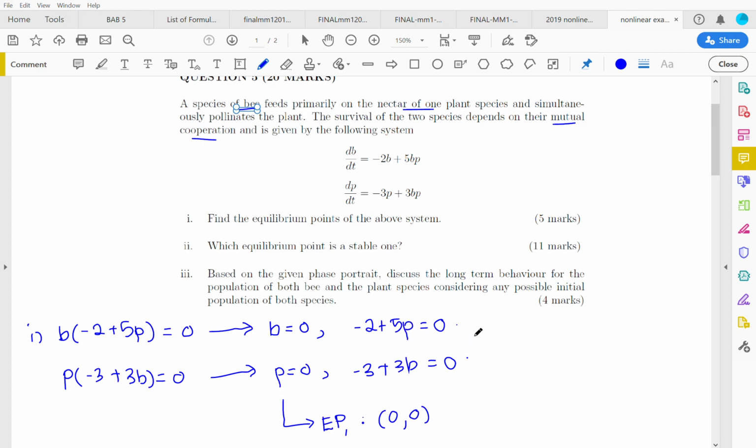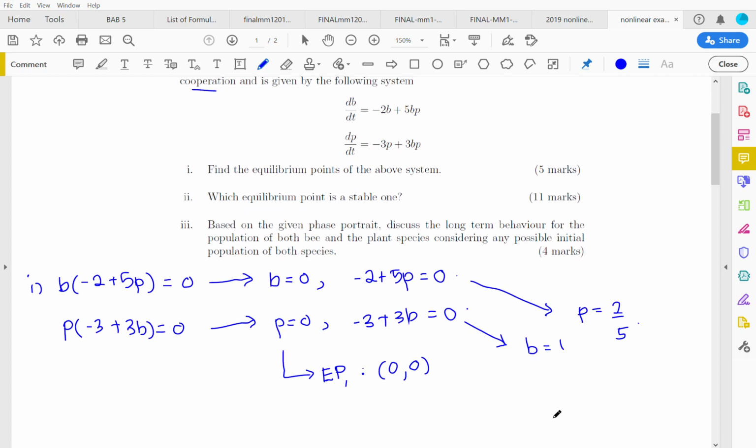So from these two equations I will solve: b equal to 1, and from here we get p equal to 2 over 5. Okay, so this becomes the second equilibrium point for this case.